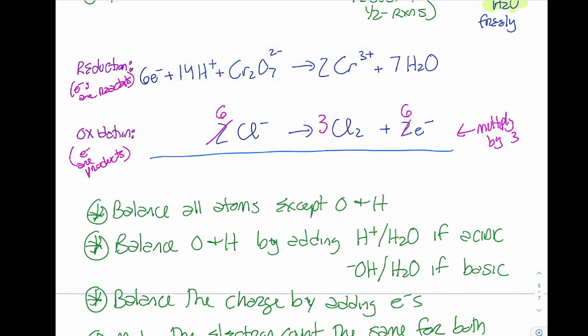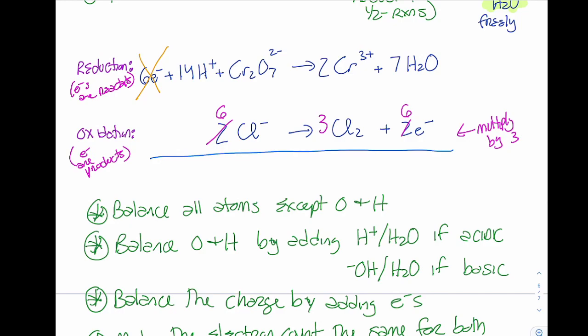So we've added reactions together before, right? Everything on the reactant side gets totaled, everything on the product side gets totaled, and then anything that's the same on the reactant and product side gets canceled. Our electrons should always get canceled. If they do not get canceled out, you goofed up somewhere, right? They're supposed to be on opposite sides. They're supposed to have the same number, so they're always going to get canceled out.